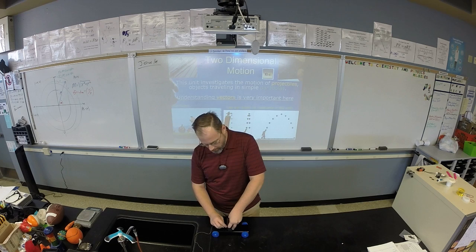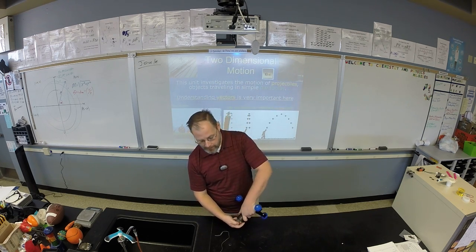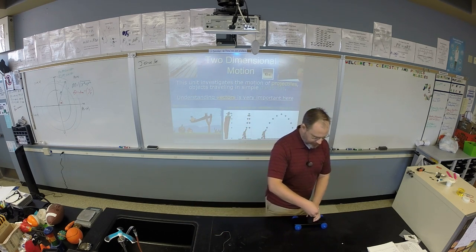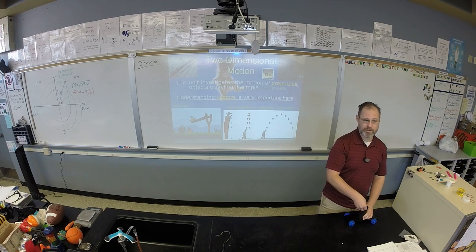Gravity has no idea what's going on in the horizontal direction. All gravity sees is this. Ball goes up, ball comes back down. So the ball has the same horizontal velocity that the cart has, because gravity acts only in the vertical direction.